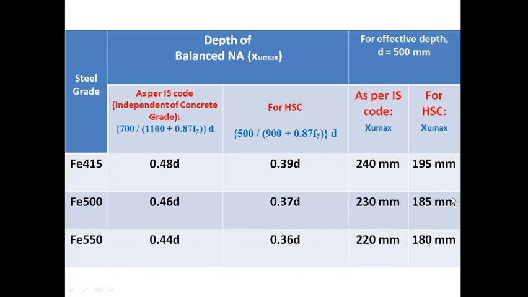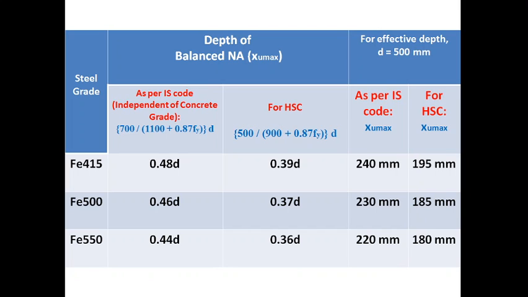Here I want to make one point very clear: nowadays, with earthquake engineering being a very important topic all over the world, and with skyscrapers and other infrastructure, people are using high strength concrete. High strength concretes are more brittle, and in earthquake engineering ductility is one of the important considerations, rather the most important consideration.